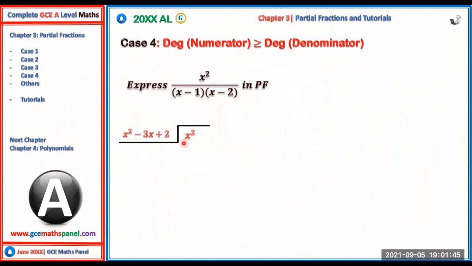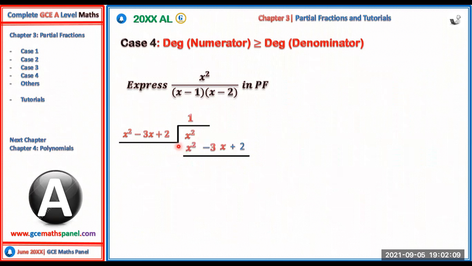So x squared, highest degree divided by highest degree, that's where we start. x squared divided by x squared gives us 1. Now 1 times all of these divisor, 1 times x squared minus 3x plus 2 gives us x squared, 1 times minus 3x is minus 3x, and 1 times plus 2 is plus 2. We now subtract.